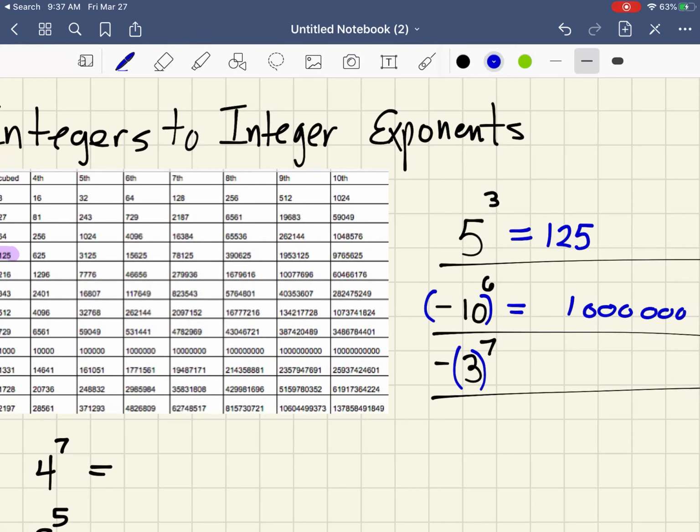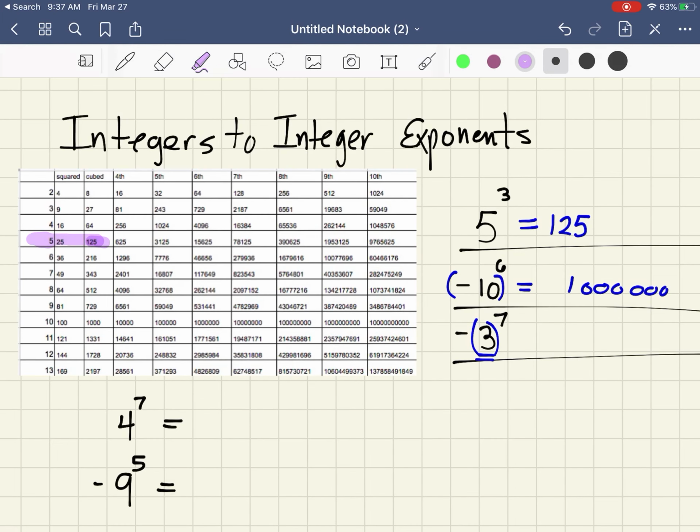On the next problem, negative parentheses 3 to the 7th, I'm going to find 3 to the 7th. 3 squared, 3rd, 4th, 5th, 6th, 7th is 2187. And then the 3 is being raised to the 7th power, which is positive 2187.